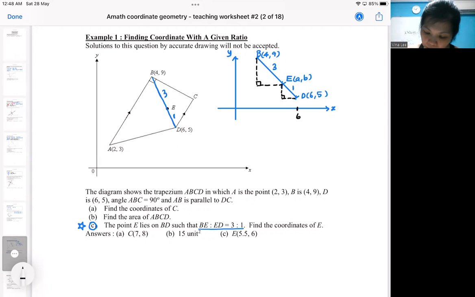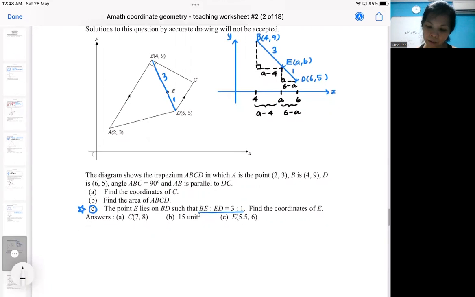Focus on the x coordinate. You will get the base. So if you focus on the x coordinate, you will get the base.